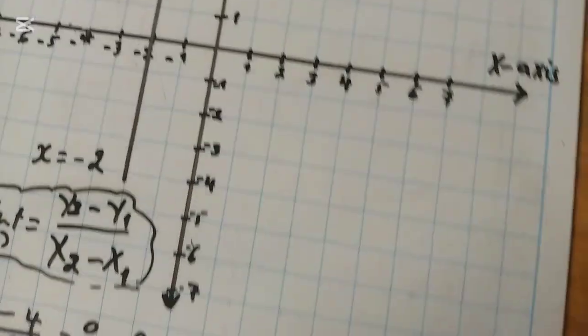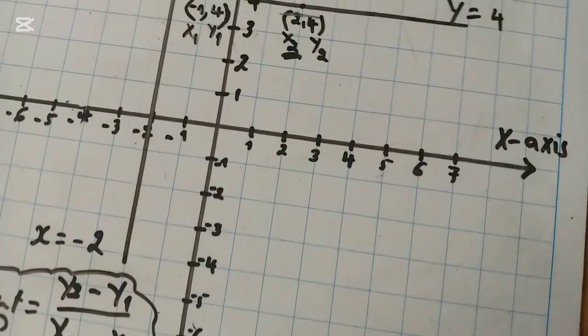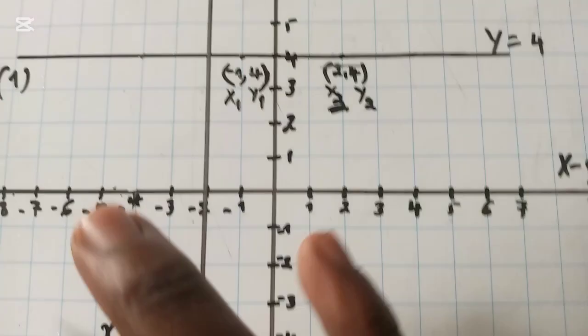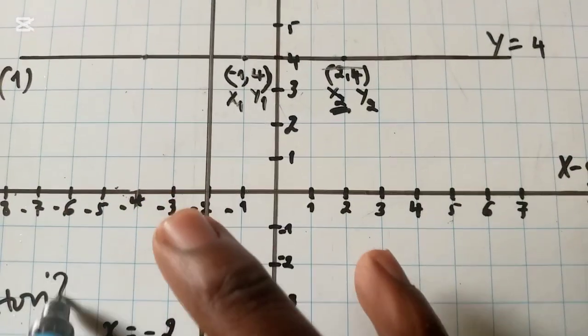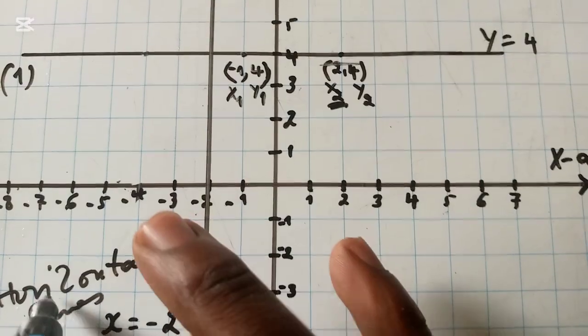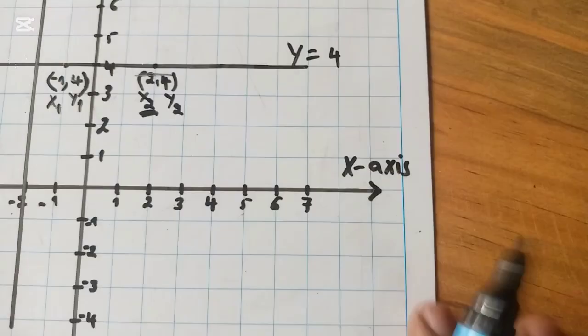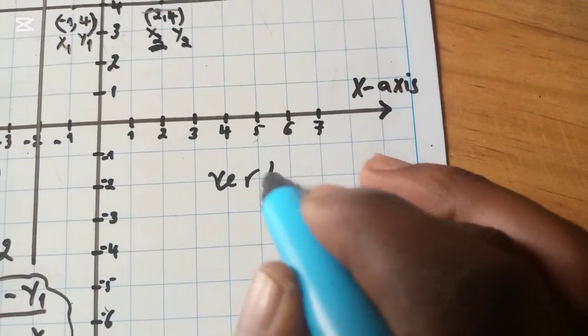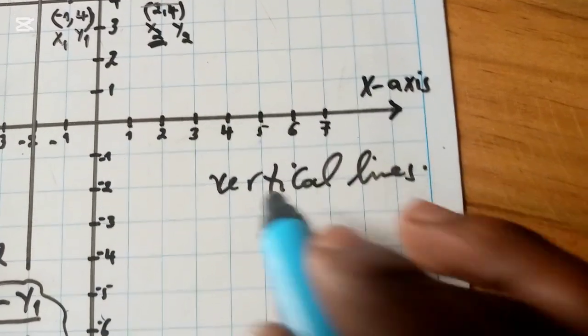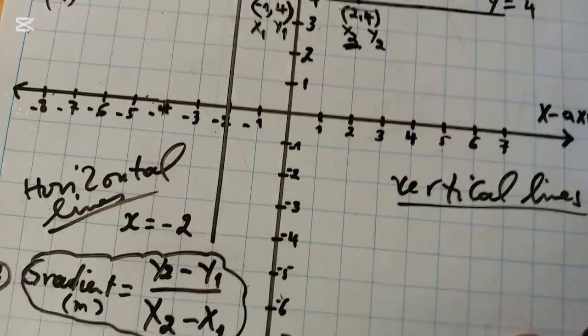So let's talk about the vertical line. This is for the horizontal line. Now the vertical line.